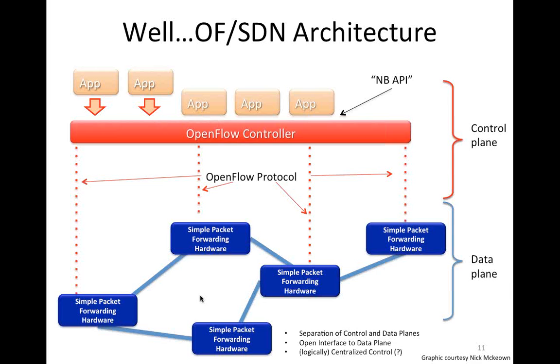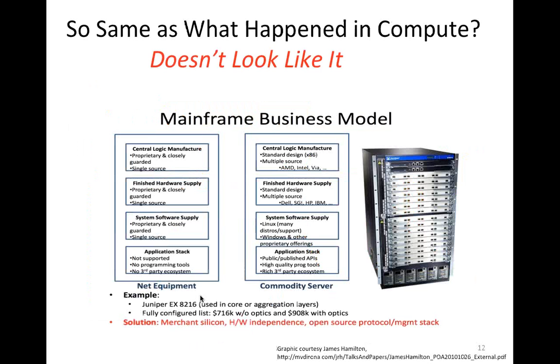See at the bottom here, I don't know if you can see this, but there are the salient features of this architecture: separation of control and data planes, open interface to the data plane, that's OpenFlow, and some kind of logically centralized control. Because, again, the centralized single instance controller model is not going to scale or be resilient. So you need logically centralized control.